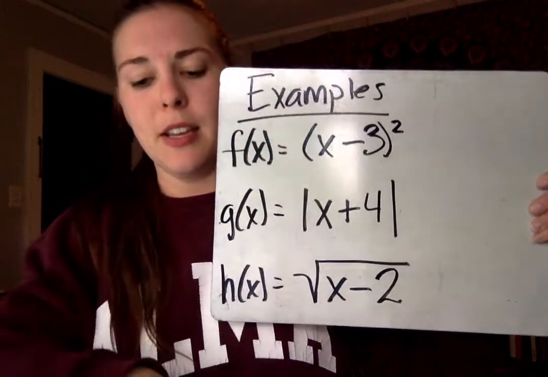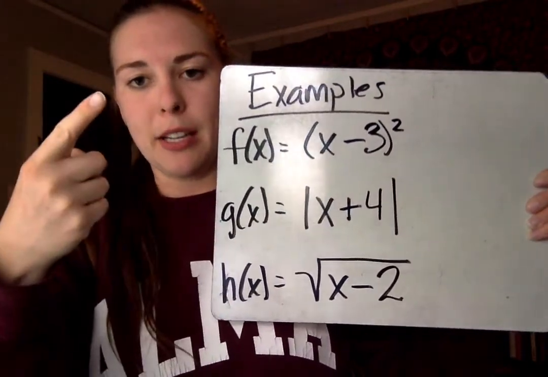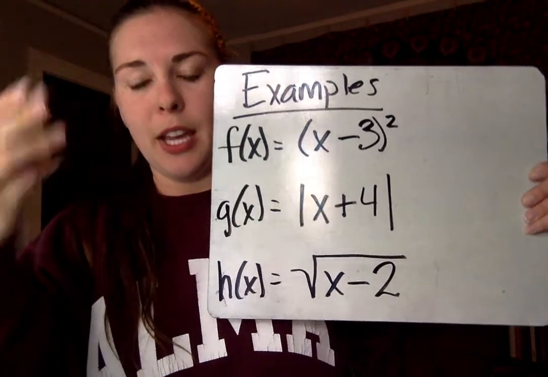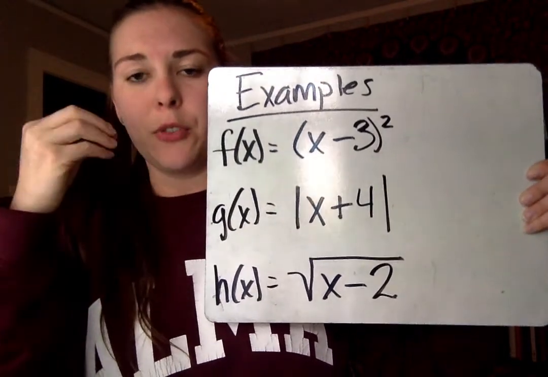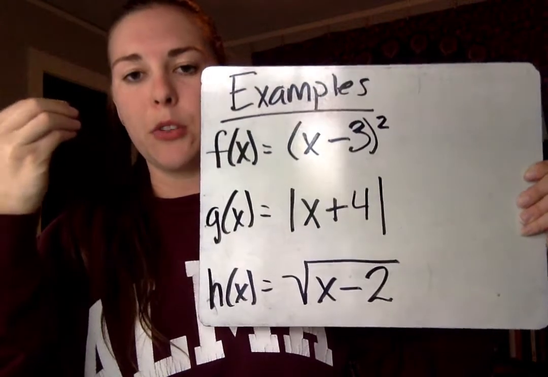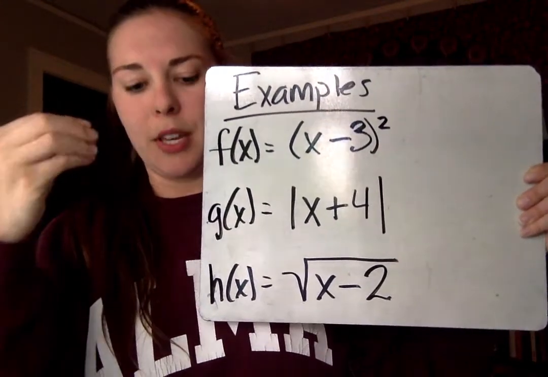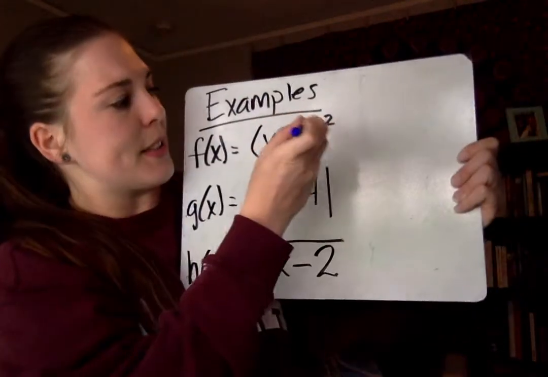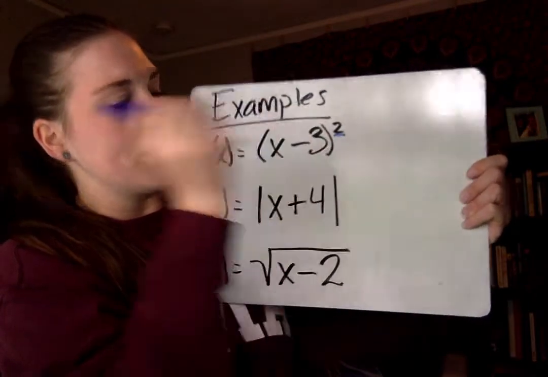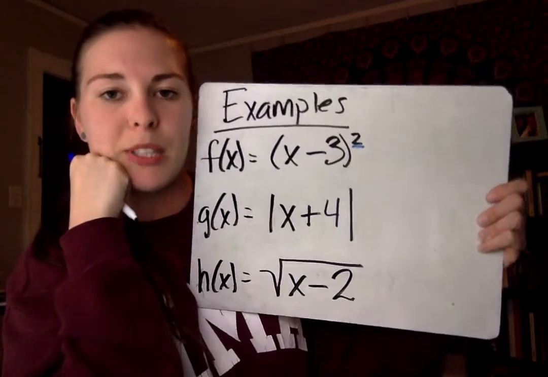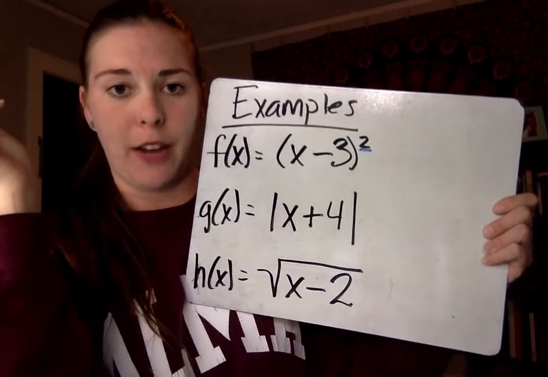And I told you guys I'm only going to use quadratic, absolute value, and radical, or square root. So you need to decide, of those 3, which one does this look the most like? And hopefully this is kind of a dead giveaway for you. If we have a square there, that means we're talking about a quadratic graph.